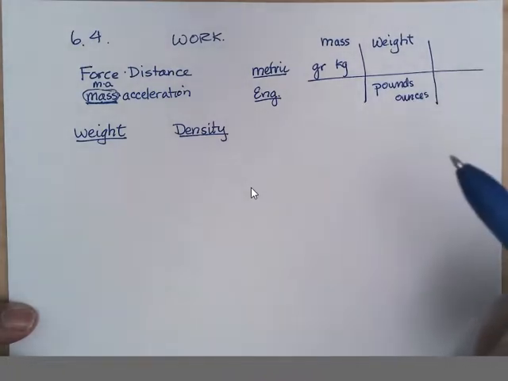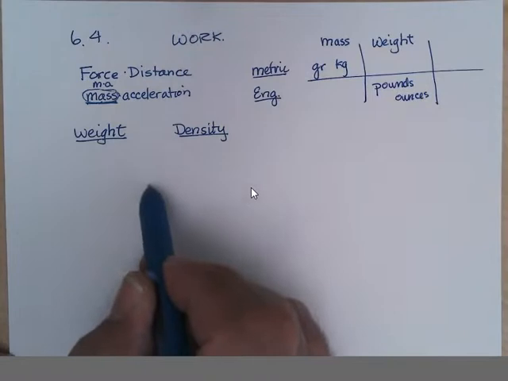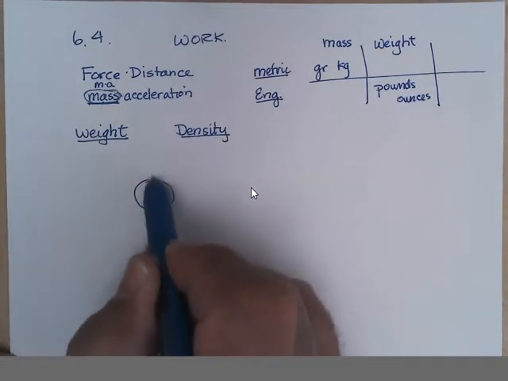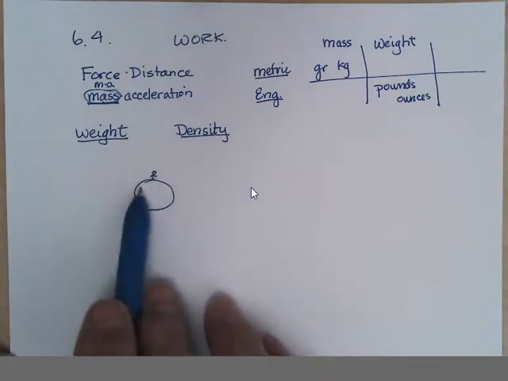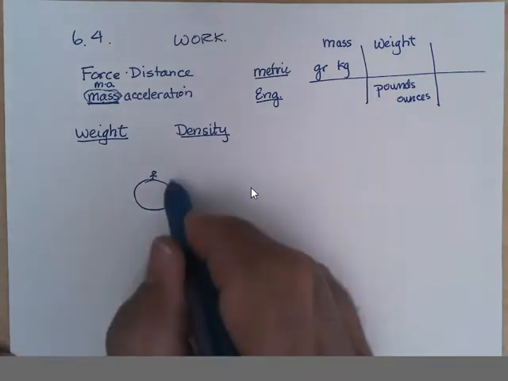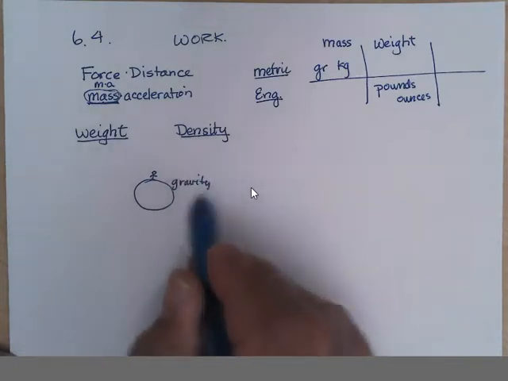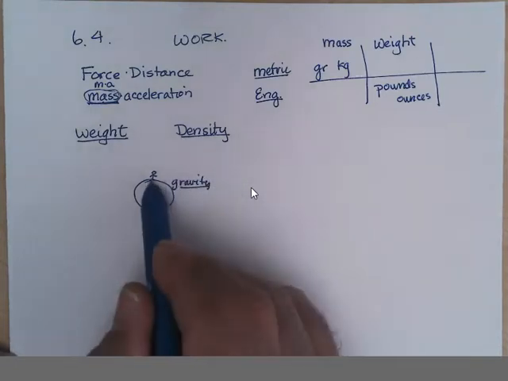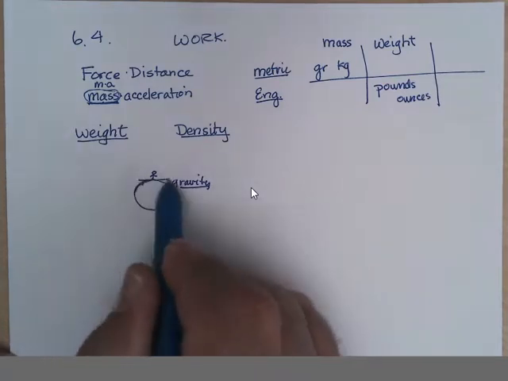What is the measurement of weight? Well, if you are standing on the Earth, your molecules are attracted to the Earth's molecules by what's known as gravity. And gravity, this attractive pull, is called a force.